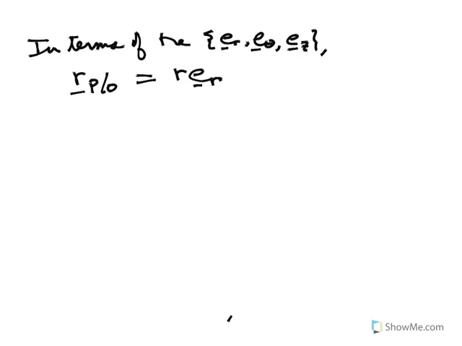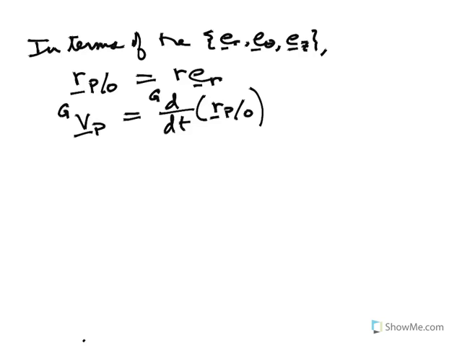So the next thing we're going to do is compute the velocity of point P as viewed by an observer fixed to the ground. That's the first rate of change that we want. That's equal to the rate of change in the ground of the position of P relative to O. Now, because this position of P relative to O is expressed in a basis that's fixed in the arm, so it's fixed in frame A, the rate of change is going to be obtained by the transport theorem from the arm to the ground.